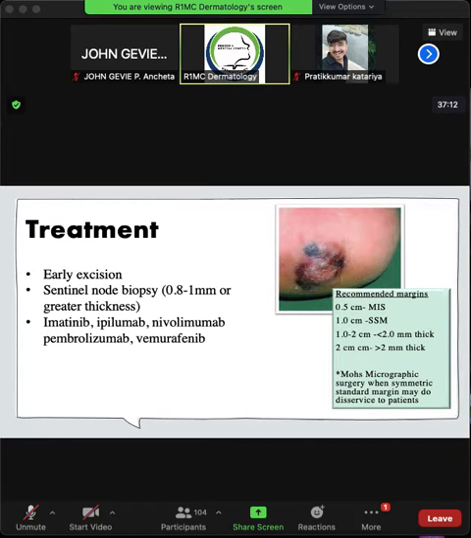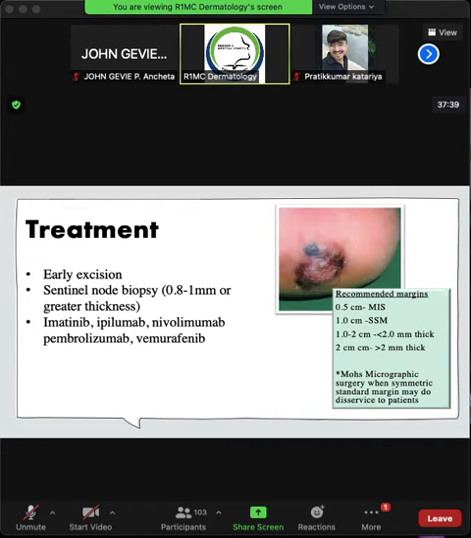We also consider this for thinner lesions in patients who have ulceration, dermal mitosis, or other features of a vertical growth phase. We can also advise imatinib, ipilimumab, nivolumab, pembrolizumab, and vemurafenib in the treatment of later stages of melanoma.